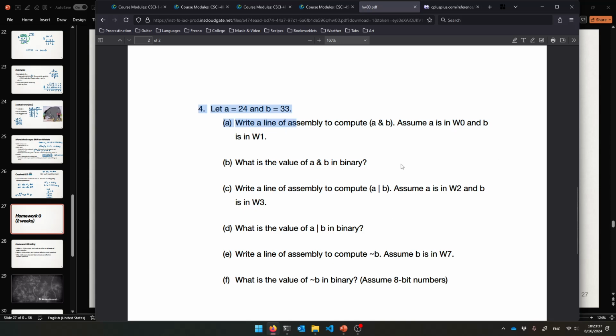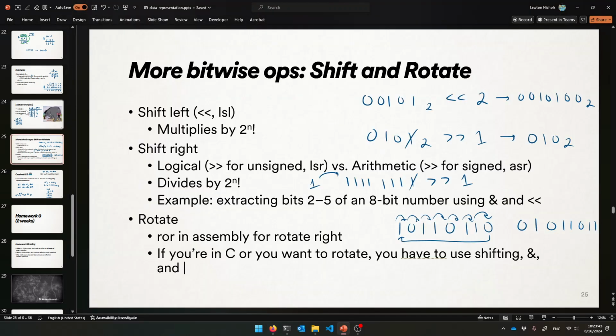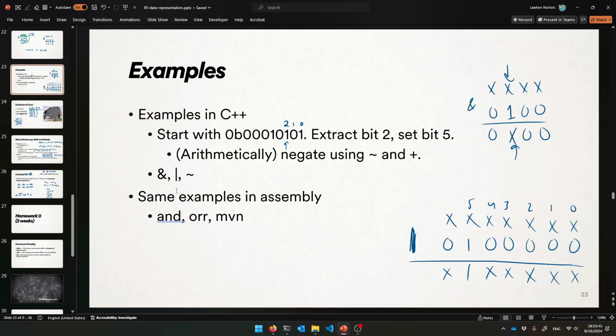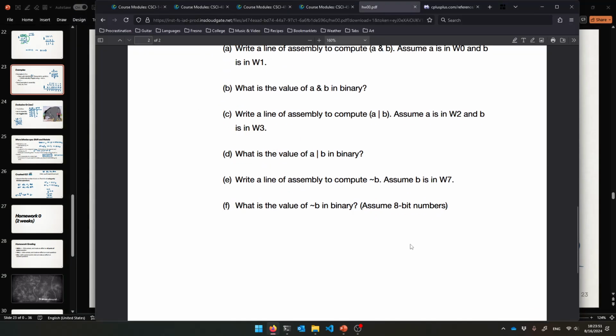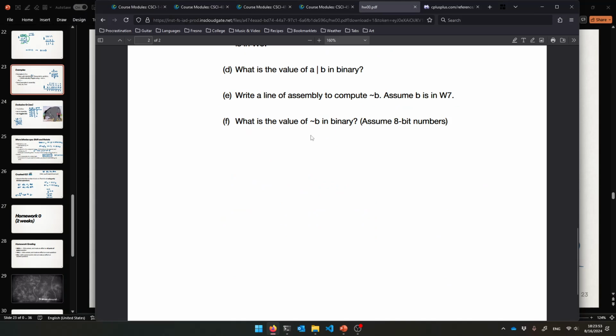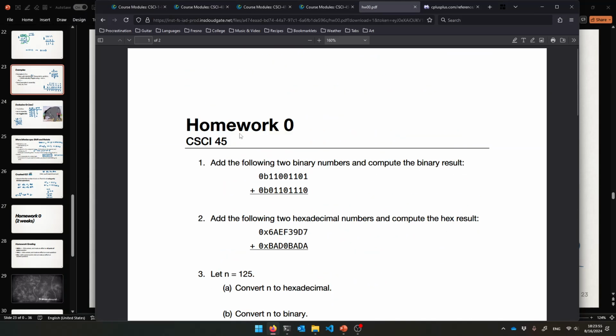So here are some examples of you being forced to do that. Remember that the bitwise negation is going to be MVN. That will negate something, and so you can go check the code from class for that as well. And just go back and forth between binary and decimal and do these bitwise operations and get some experience.